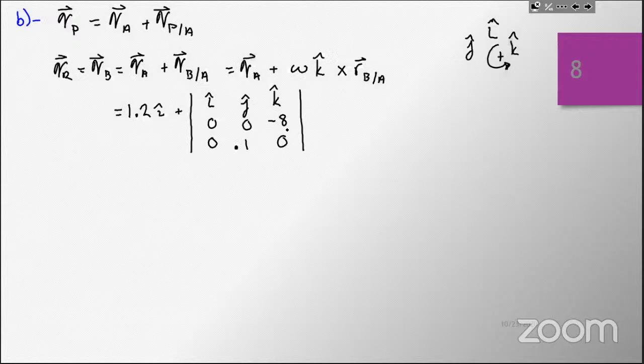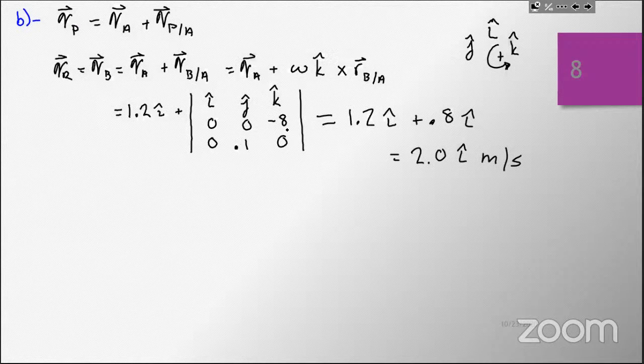So when we take this, this is equal to 1.2 I plus 0.8 I. 2.0 in the I meters per second.